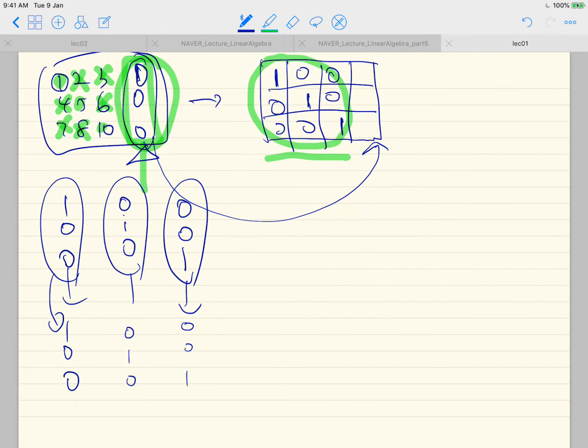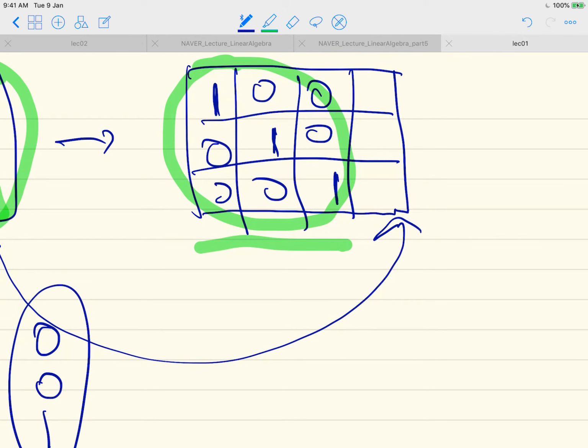Okay, so in that case, suppose the last column was 1, 0, 0. Okay, so in this case, can we find the solution? I mean, the last column itself will be our solution, but let's just think of the column combination perspective, which means we have these 3 columns, 1, 0, 0, and 0, 1, 0, and 0, 0, 1.